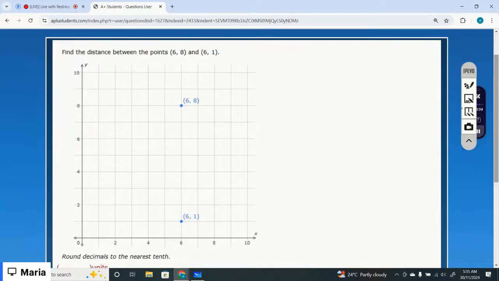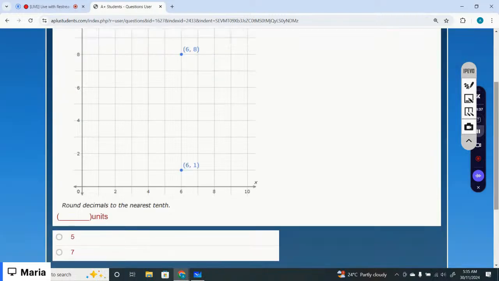Find the distance between the points. Seven units it is.